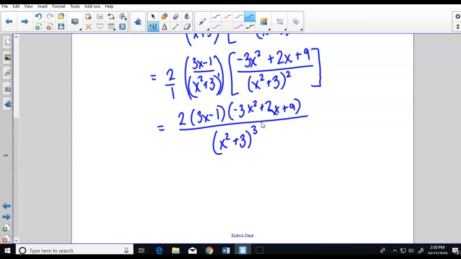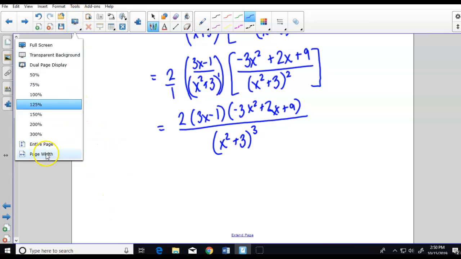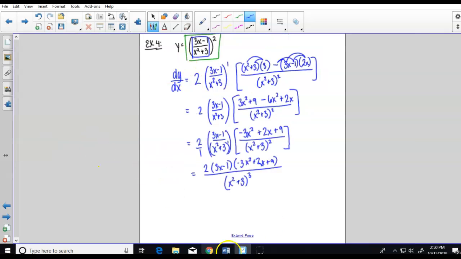And I think you're probably just going to see it left like this. They could always multiply the numerator back together. I don't think anything will factor there where it would cancel. So they'd probably leave it like that. So this is what we end up with. Maybe not quite as horrendous as it looked at first, but still kind of difficult.